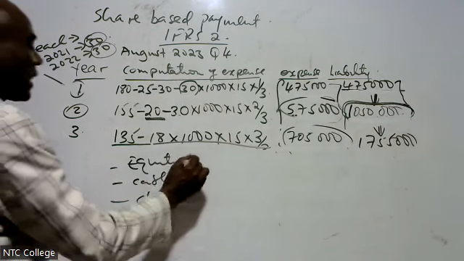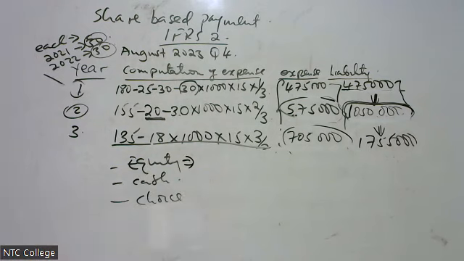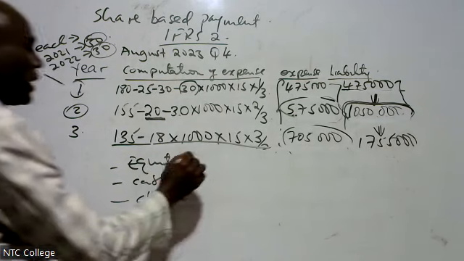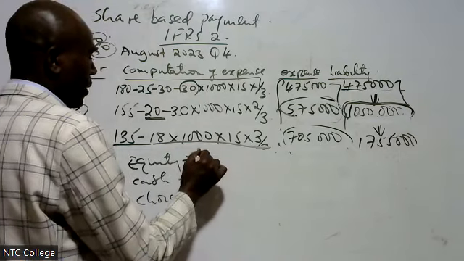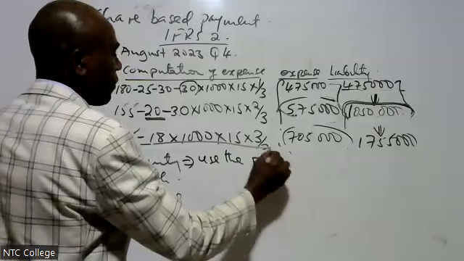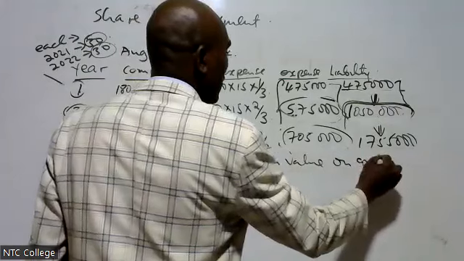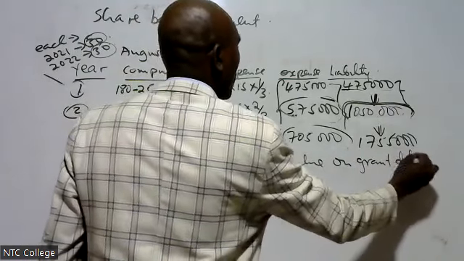When I'm calculating the expense under equity, I will only use one fair value. Use the fair value on grant date.